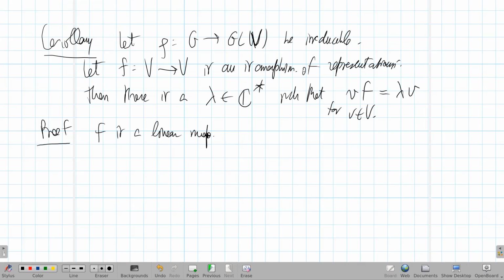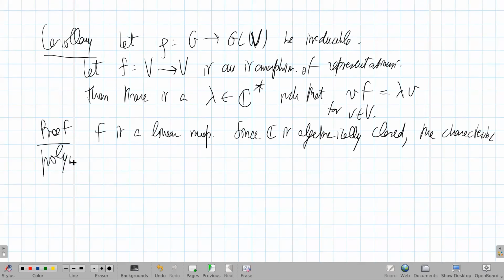Since C is algebraically closed, the characteristic polynomial of F has all its roots in C. But what are the roots of the characteristic polynomial?